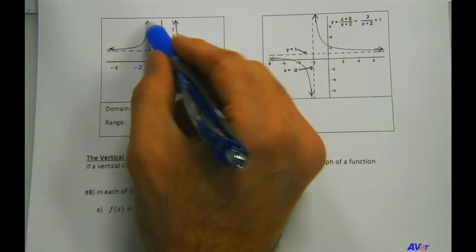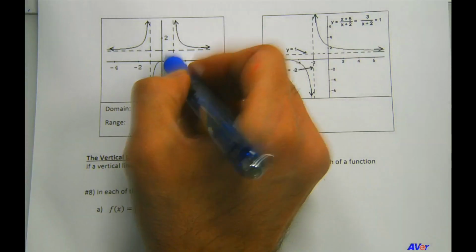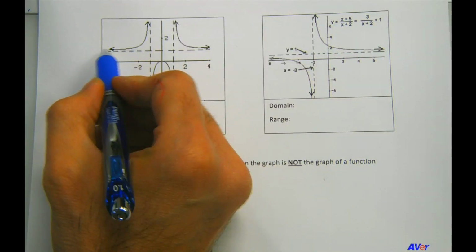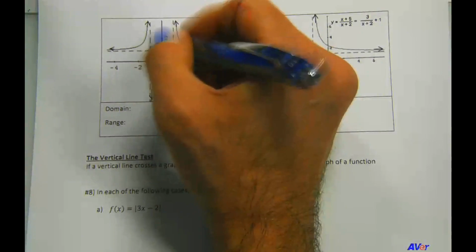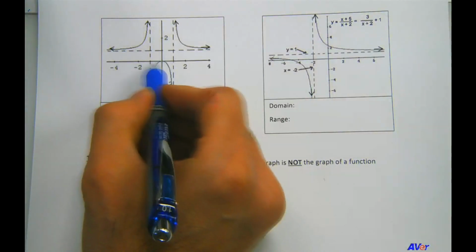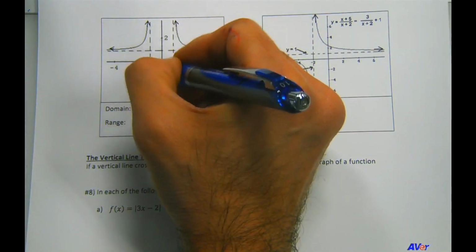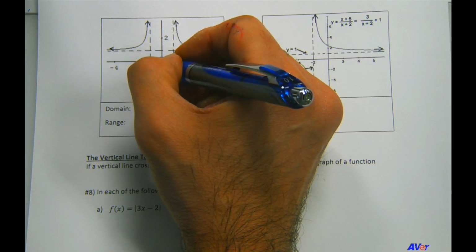So the behavior of this piece with respect to the x-axis is that it approaches from negative infinity along the x-axis and it approaches some x value. What is that x value? Well, if you carefully look at the graph, that dashed line is going through x equals -1, and it's a vertical asymptote.